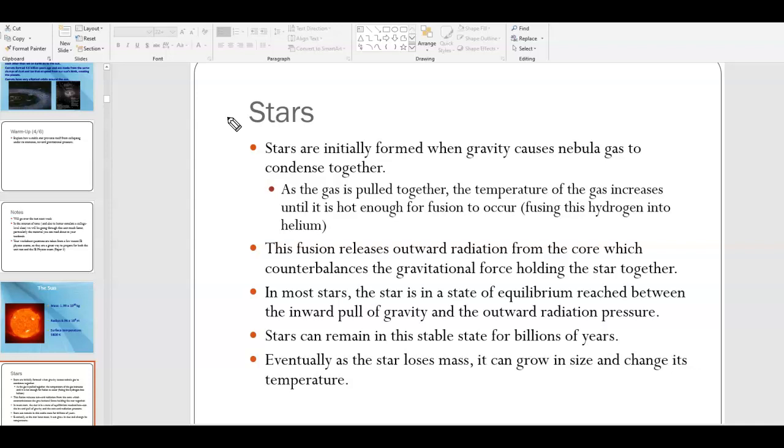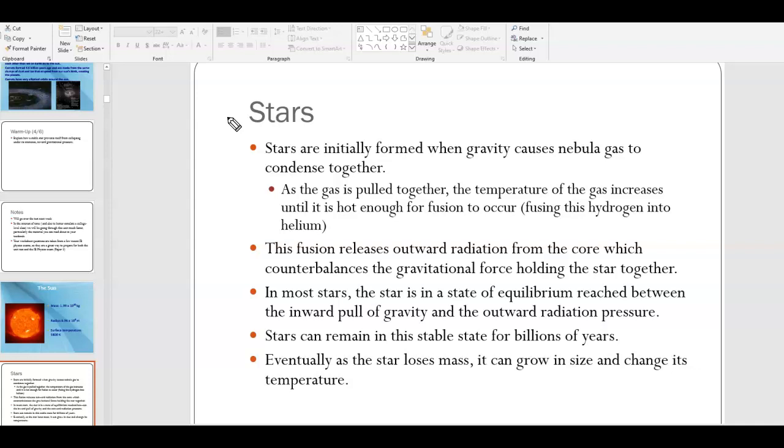If you have just, let's say, a bunch of hydrogen out there somewhere in the universe, and the reason the hydrogen is formed is just because when the universe formed and you had all the protons and neutrons and electrons just kind of out there separated, the easiest atom to form is obviously hydrogen because it only has one proton. Okay, so that's why most of the universe, actually about 75% of the universe, is made of hydrogen.